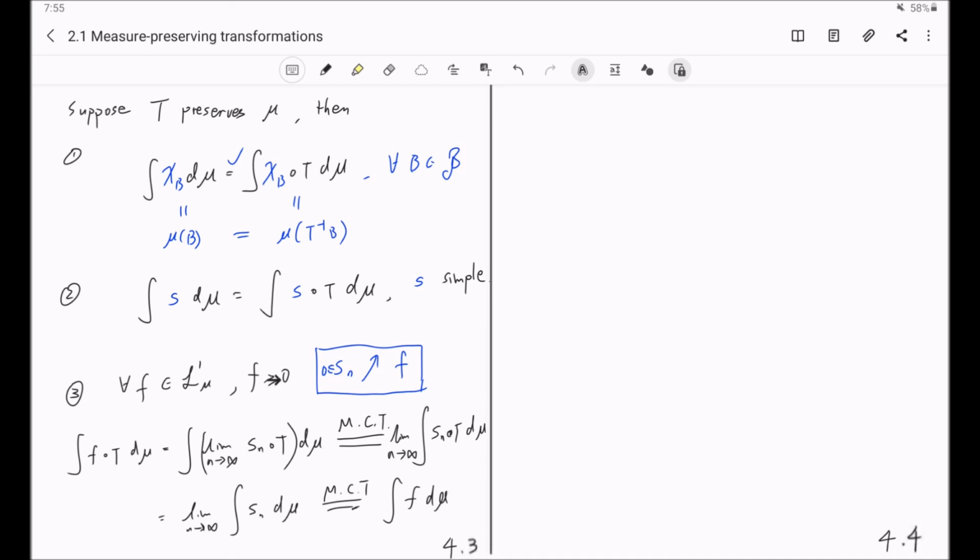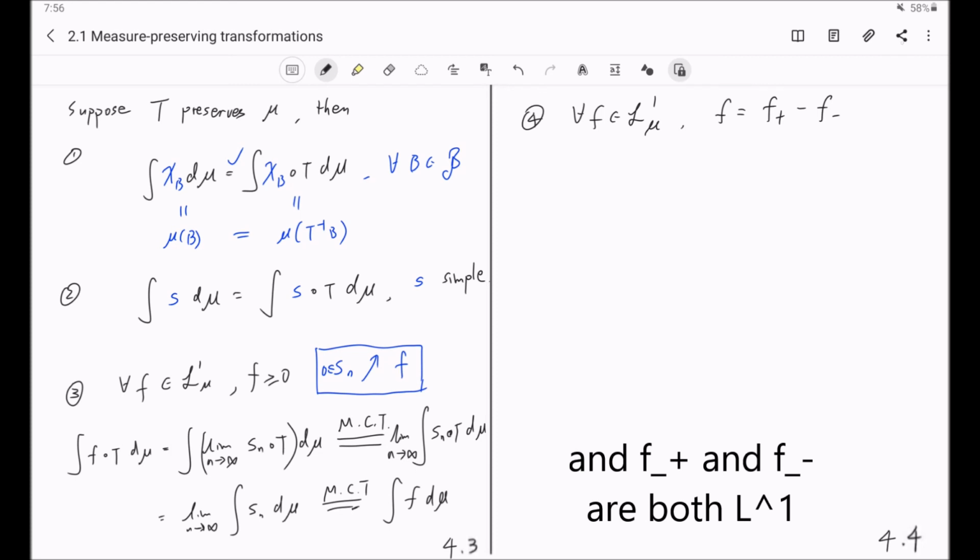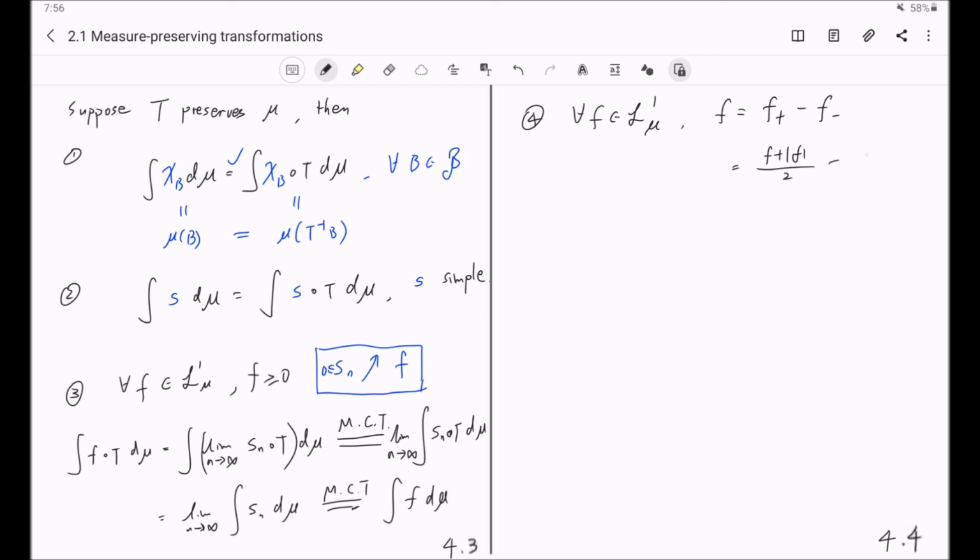Now we have proved it for the non-negative functions. The last step will be very easy, because any integrable function can be written as its positive part minus its negative part. Remember, the first part is f plus the absolute value of f, divided by 2, and the second part is the absolute value of f minus f, divided by 2.